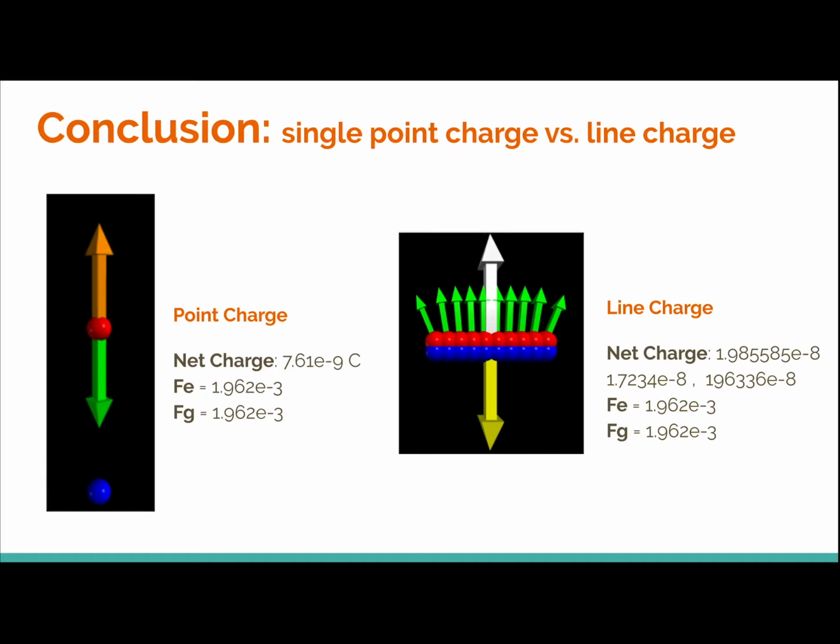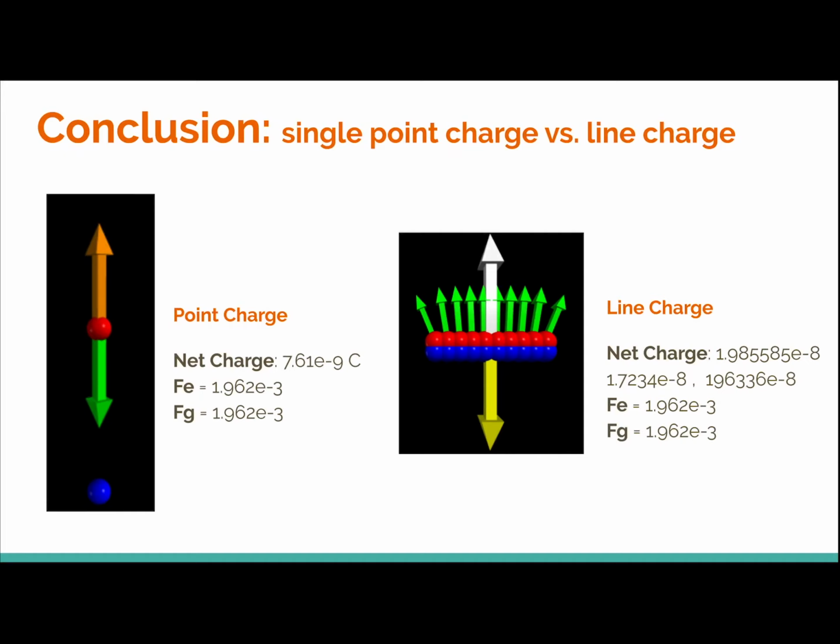The net charge of the line charge was greater than the net charge I got when I considered the tape as a point charge. This is because in the line charge case, the charges on the ends of the tapes are further away from the charges on the other tape, so the electric force exerted by them becomes smaller.